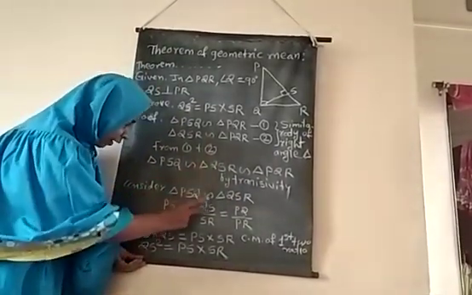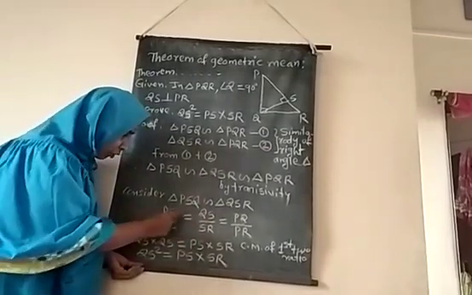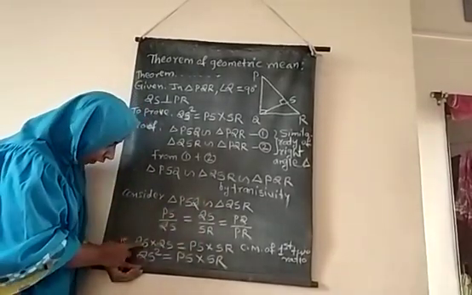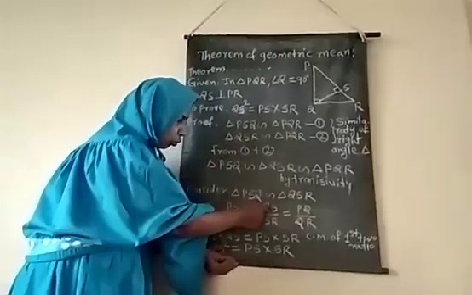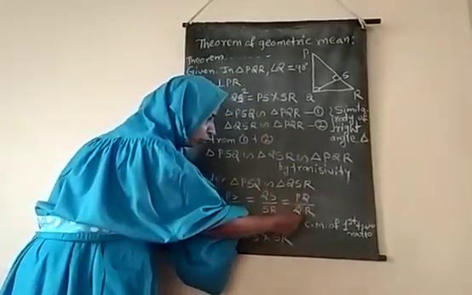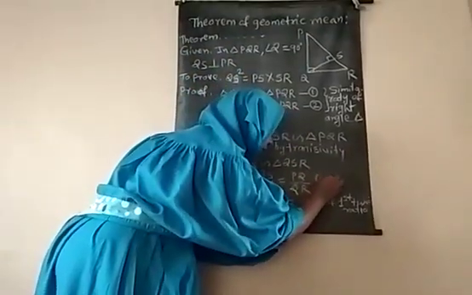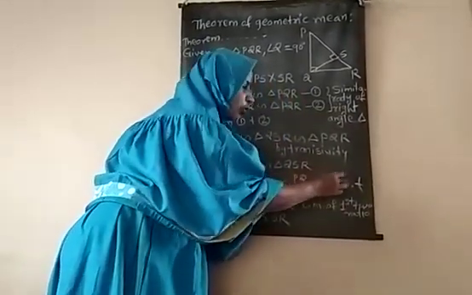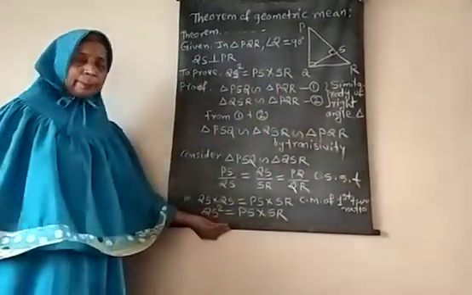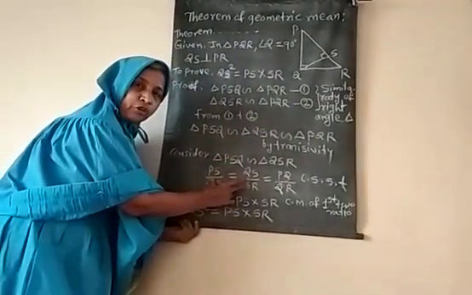So now we consider only the first two ratios: QS upon PS is equal to QS upon SR, equal to PQ upon QR. The reason is CSST, that is, corresponding sides of similar triangles.